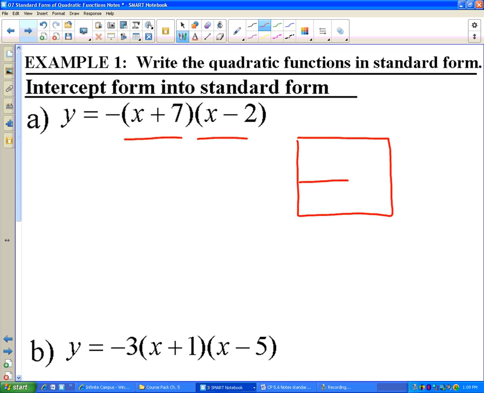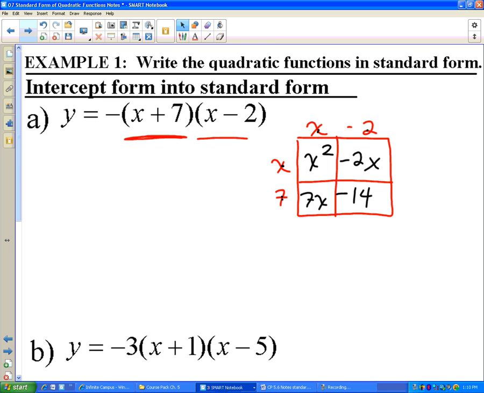Now, if your teacher taught you the box method before, I would take the first binomial and write x plus 7 along the side. The second one is x plus a negative 2. In the box method, I just multiply corners of boxes. x times x is x squared. x times negative 2 is negative 2x. 7 times x is 7x. 7 times negative 2 is negative 14.